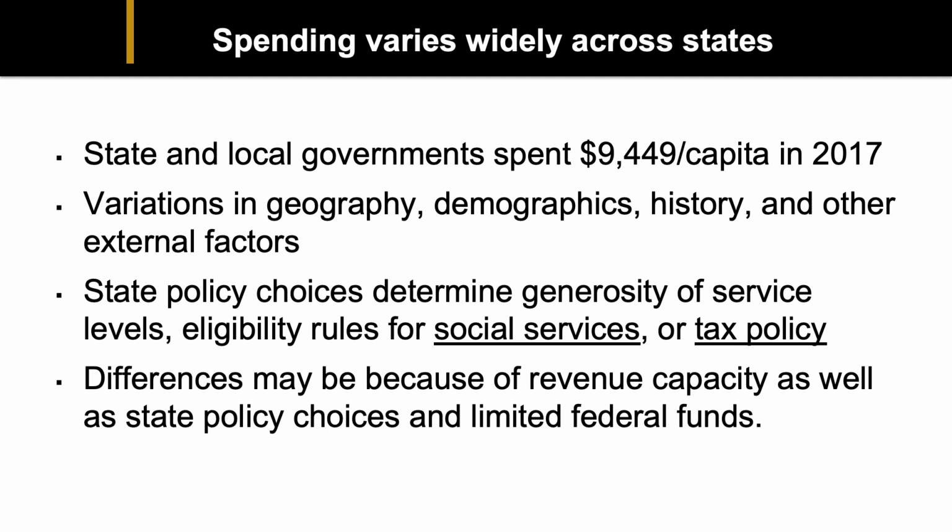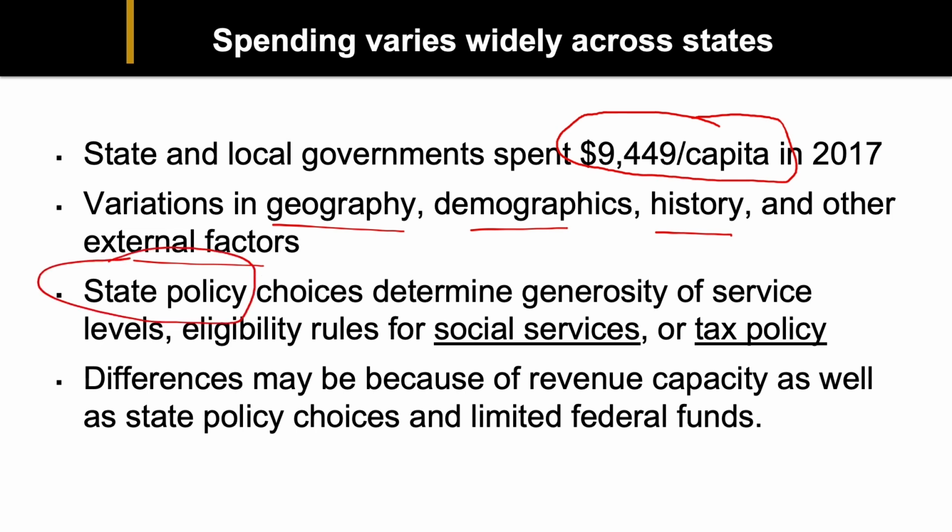State and local governments spent about $9,500 per person in 2017. That's a normal year. I kind of reached back a little bit. But state-by-state variations are pretty significant. Geography seems to affect spending, demographics, history, other external factors. And, of course, state policy has a big impact.